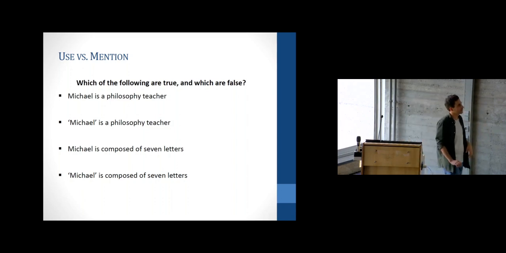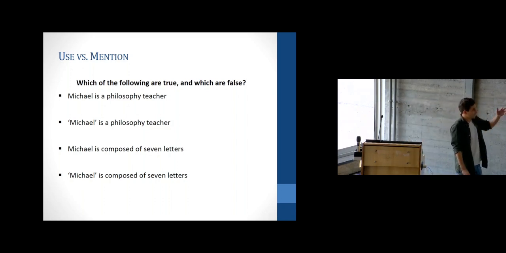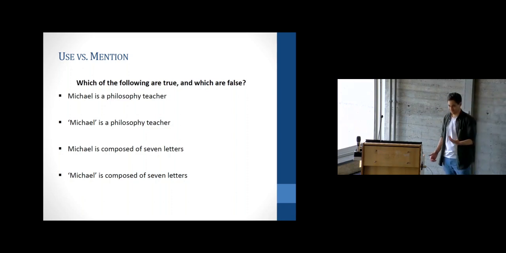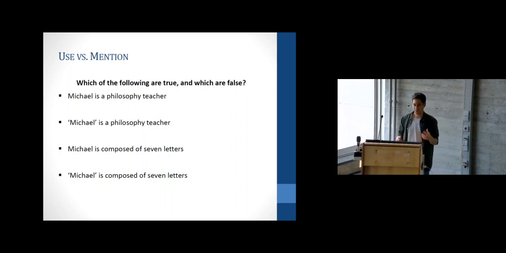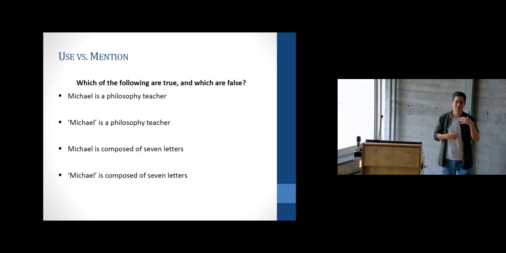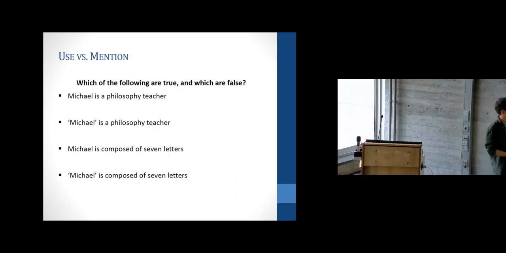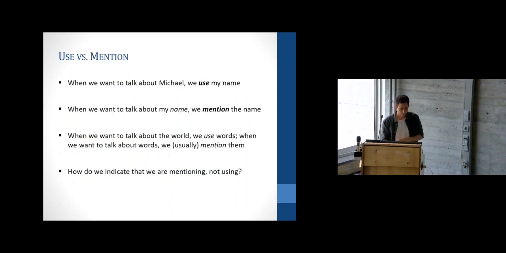The idea is that sentences 1 and 4 are true. If I think about the name Michael, 7 letters. If I think about Michael, this is me, and I'm a philosophy teacher. And these other sentences don't really make much sense. Okay? What is going on here?